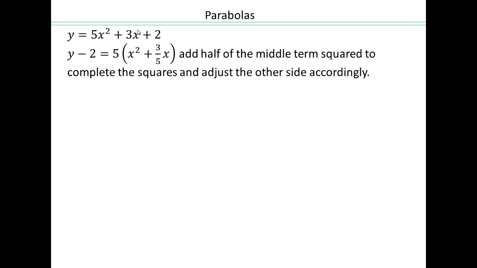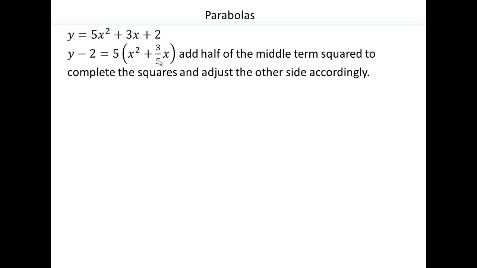So take the 2 and subtract it so that it will be on the other side. From these two terms, pull the 5 out. So when you factor a 5 out, remember, 5 times x squared is 5x squared. 5 times 3/5 will give you the 3x. And then the completing the square process is to add half of the middle term coefficient squared.